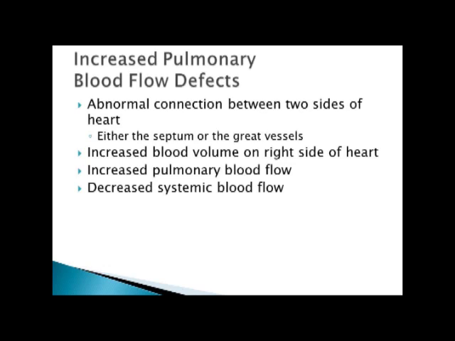When we're looking at these pictures together, the major ones for increased pulmonary blood flow are ASD, VSD, and then the PDA. So atrial septal defect, ventricular septal defect, which is the most common, and then PDA. With the ASD, you can see that there's an opening between the two atriums, which are the top chambers of the heart. Depending on how big the hole is determines what the symptoms would be.